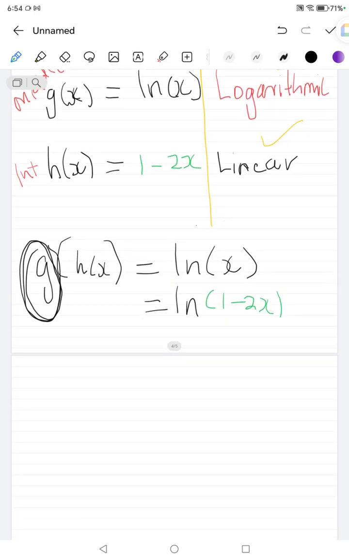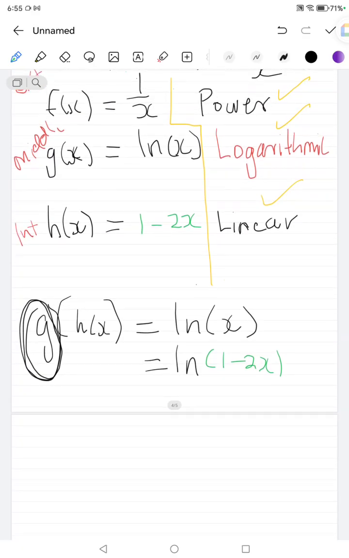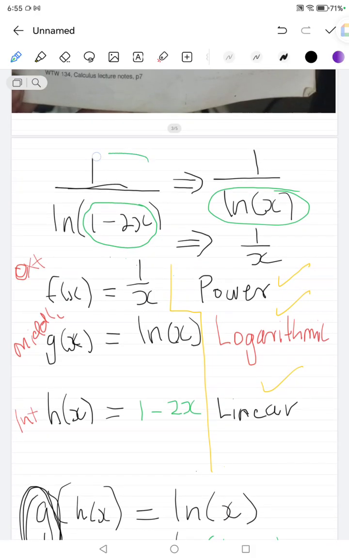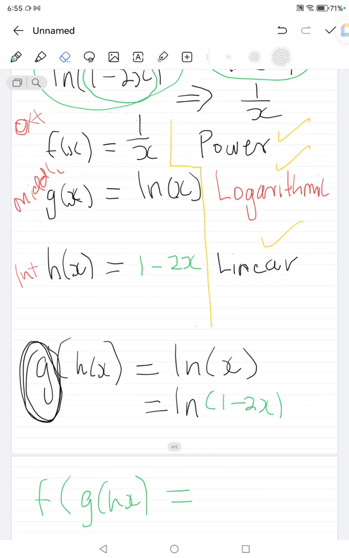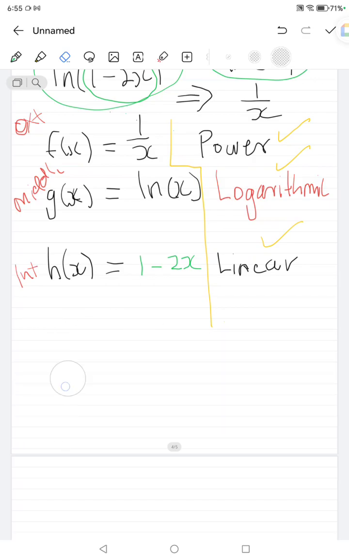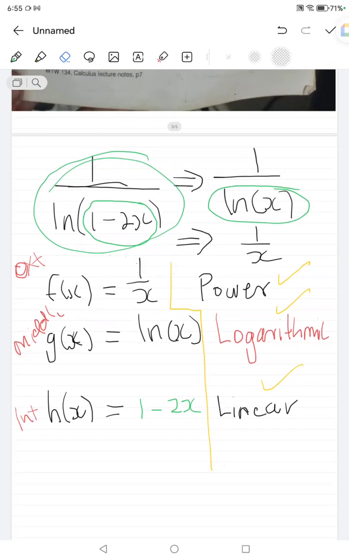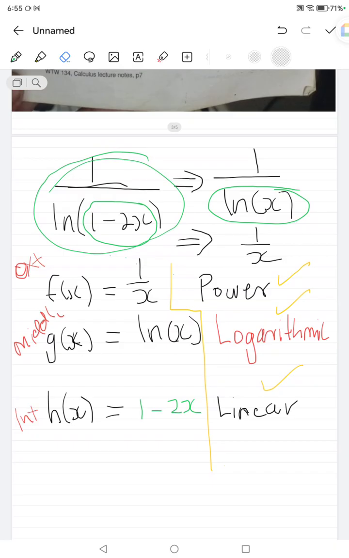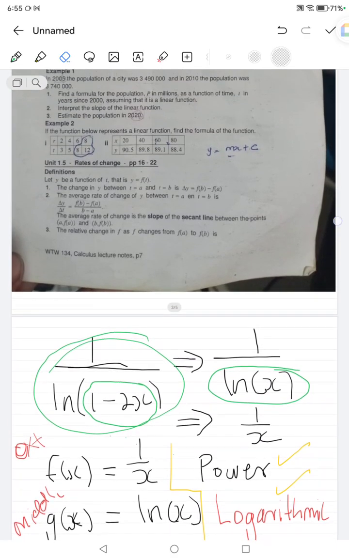Then now what do I have? I can quickly go again and say, please write for me my f of g of h of x. So now it means you're going to be going back to that one. You see, so even if you're doing it this way, it should always be able to take you back to the original one. So that's another way that you would know, okay, I'm still on the right track.